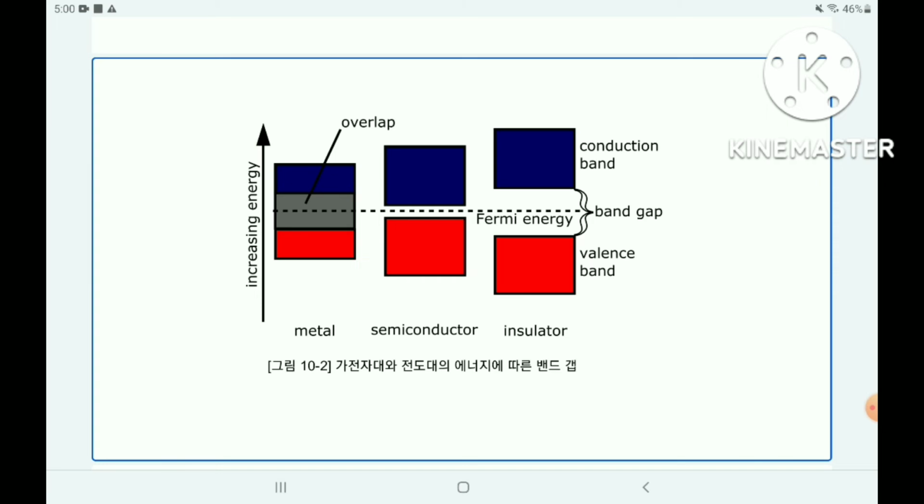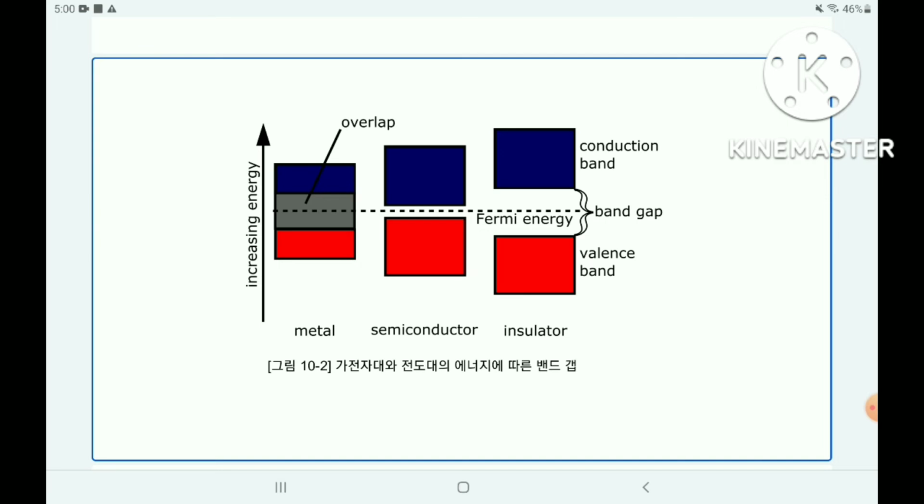Here is the metal case, and the energy band. There are two energy bands. One is the valence band. The valence band is the core electrons, and the electrons are localized near the ions. The conduction electrons are in an energy band of itinerant electrons, and these electrons can flow.